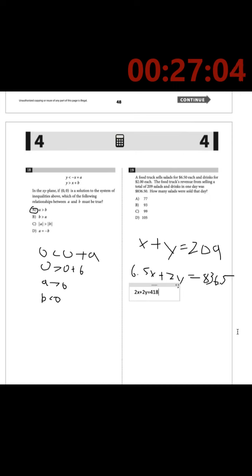And then if you subtract the third equation from the second equation, you would get 4.5x equals 418.5. Okay, therefore the number of salads is x equals 418.5 over 4.5, which equals 93. Therefore the answer must be B.